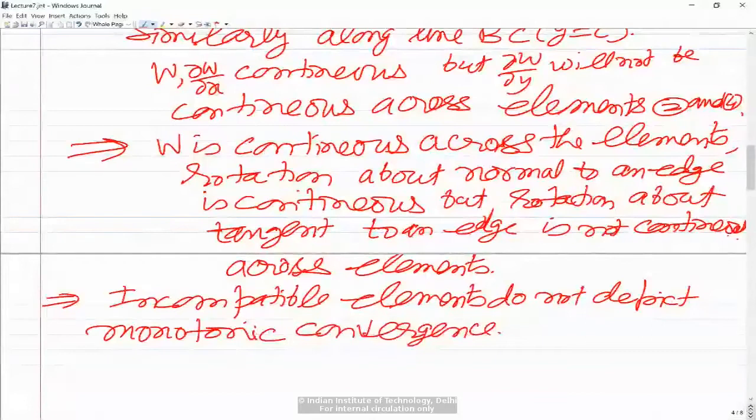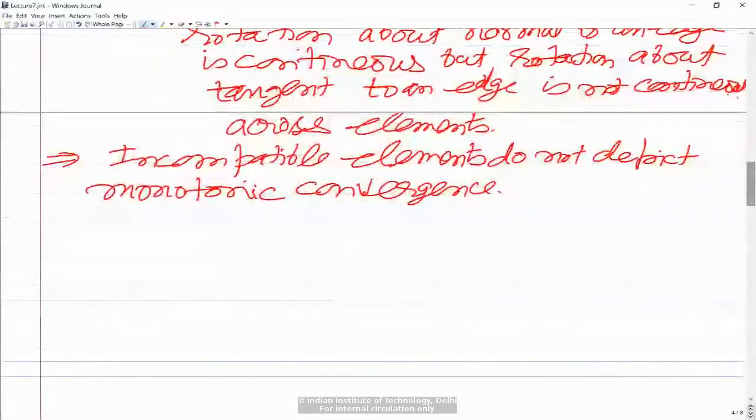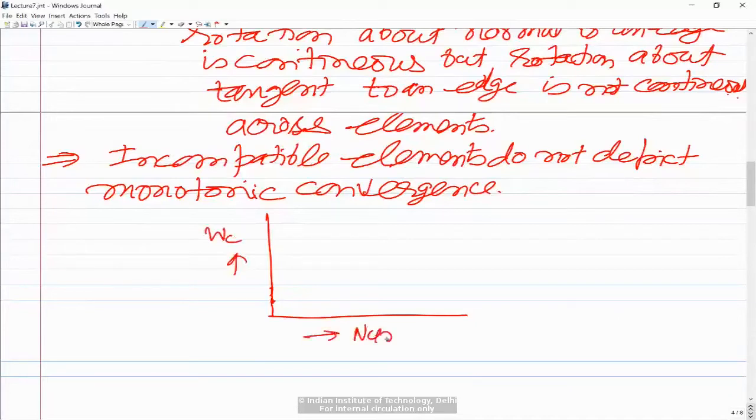What it actually means is that when we do the convergence study, that means we increase the number of elements and plot, say, the displacement at the center of the plate. So this side, let us say we have WC, that is W at center, and this side we have the number of elements, which we keep on increasing. Now we will have some exact solution.